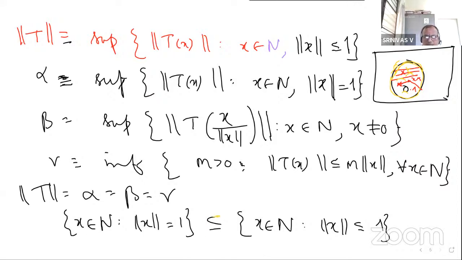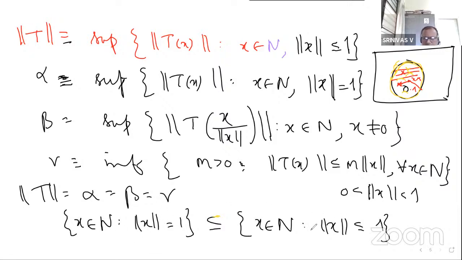If you have any element other than 0 with norm x less than 1, this set will be larger. If you can get one x in N for which norm x is between 0 and 1, this is strictly larger than this.